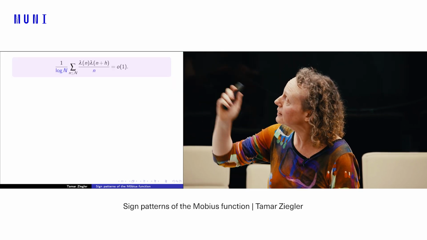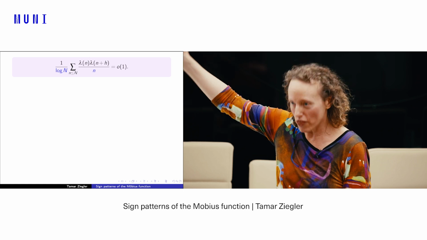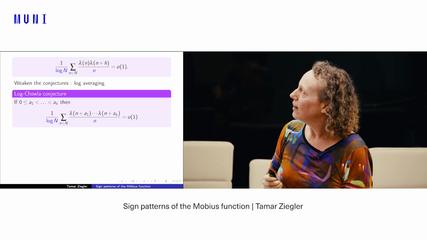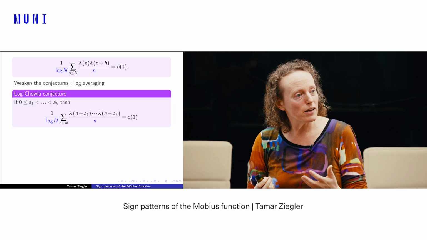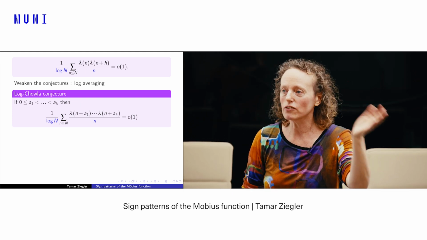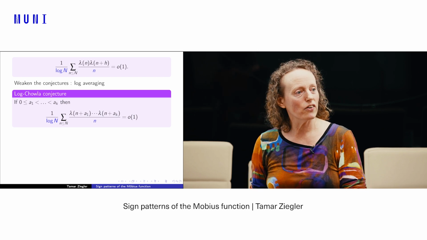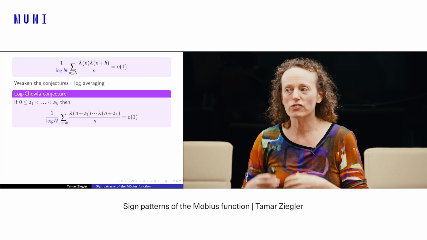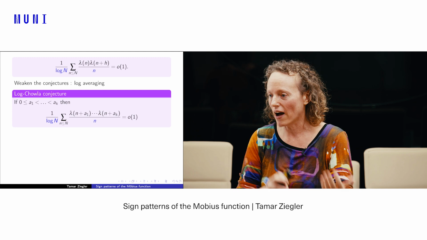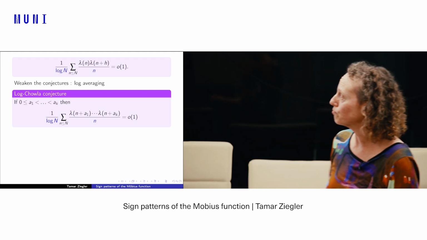Excellent. So this is the logarithmic two-point Chowla theorem of Tao. And motivated by this, you can weaken all the conjectures. Instead of looking at Chowla conjecture and Sarnak conjecture, you can look at the log Chowla conjecture and the log Sarnak conjecture, which is just replacing the regular averaging by the easier logarithmic averaging.